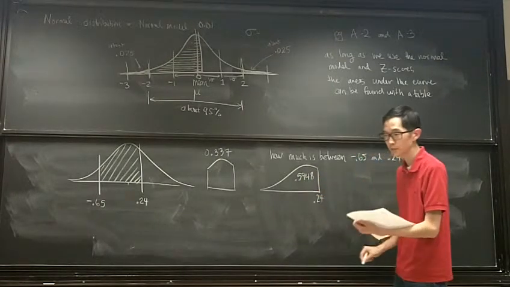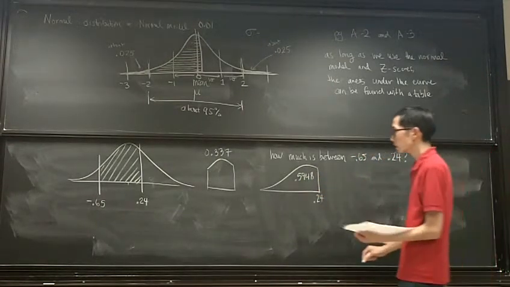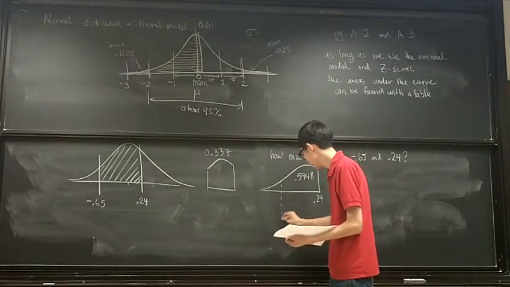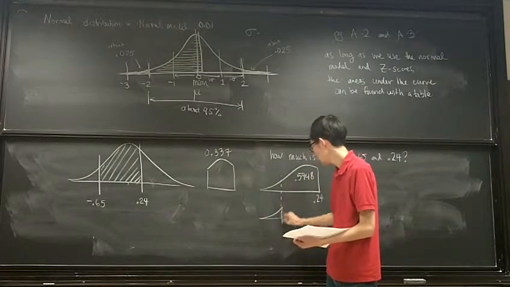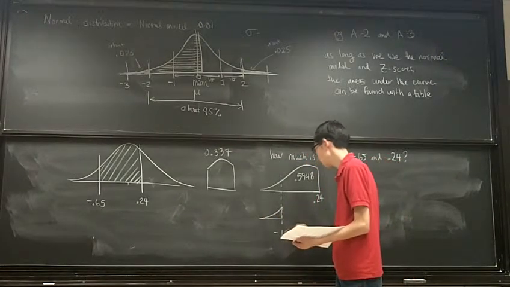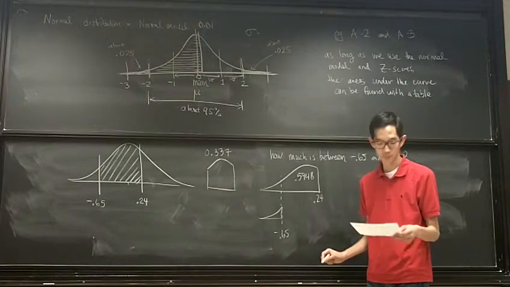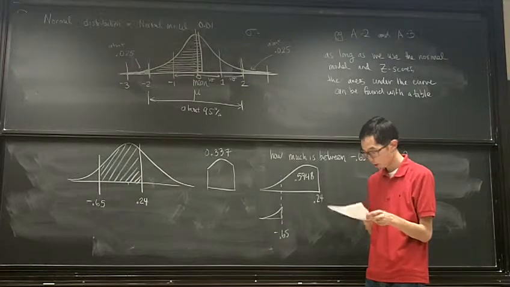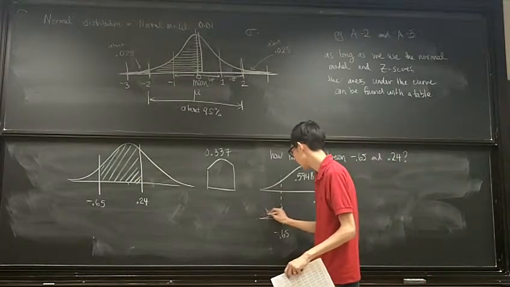0.5948 over there. And then I'm just going to take a knife and chop off the amount that's to the left of negative 0.65. So I look up negative 0.65, and I get 0.2578 over here.